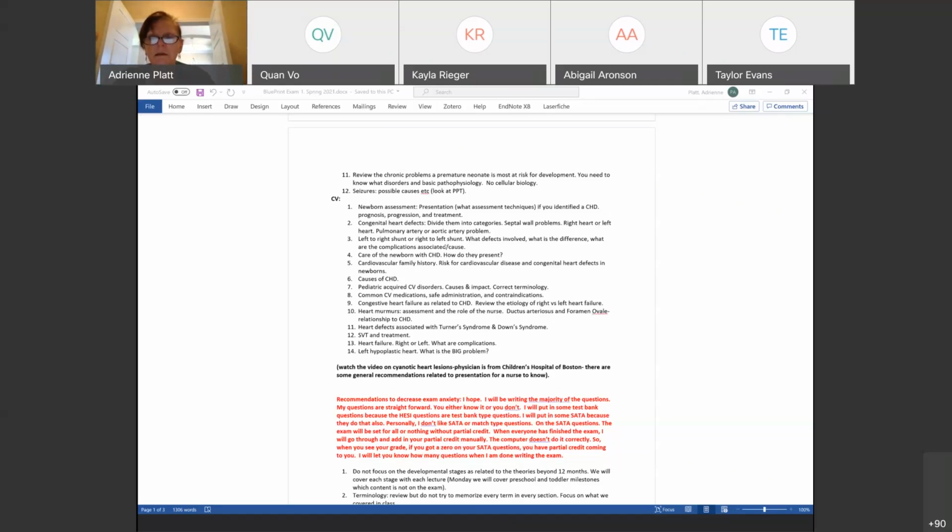Treatment, if they find it, is usually to wait and watch, see the kid every year. If it's bigger, you want to know about it, because then you're going to have problems. So with a huge VSD, the blood goes from the left into the right, but then the right gets overloaded. And with the right overloaded, it's going to back up systemically.